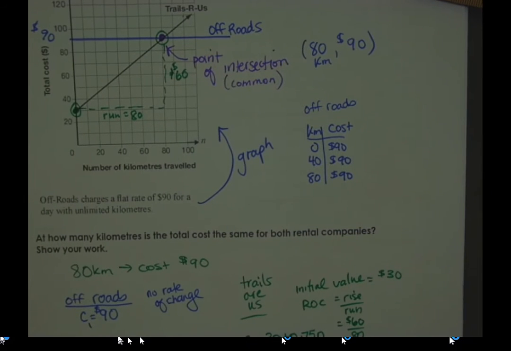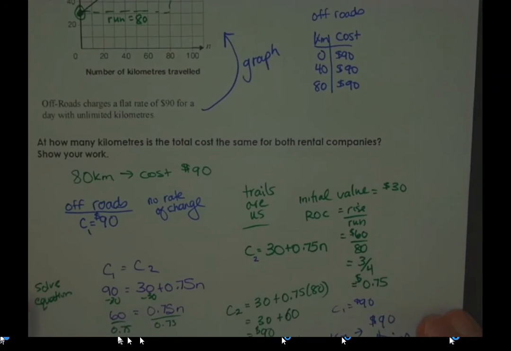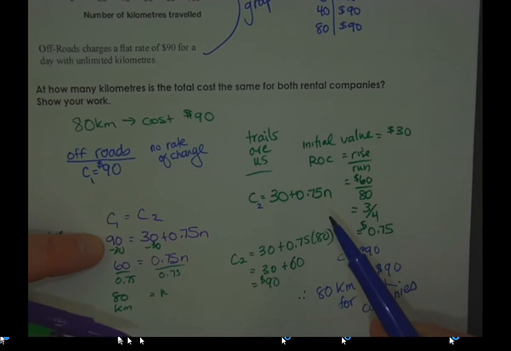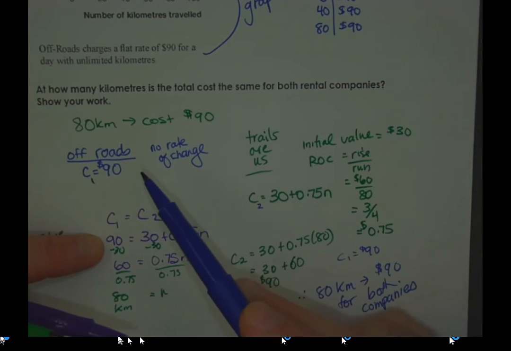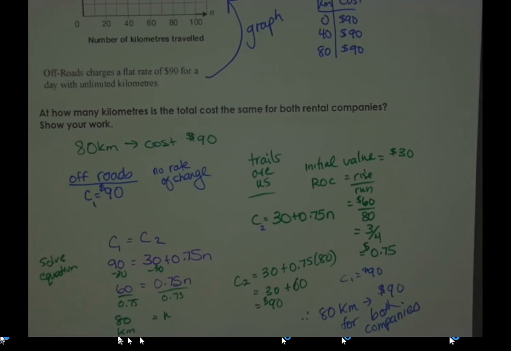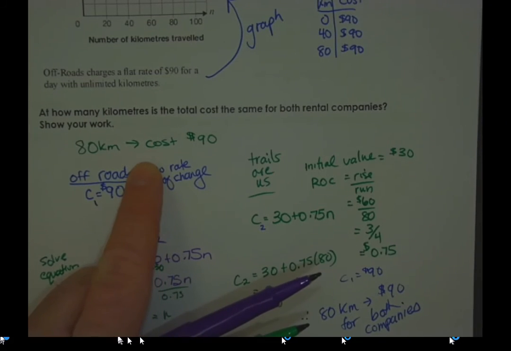And if you're a person that wants to see that plugging into Desmos, all right, plug these two equations into Desmos. C equals 90 and C equals 30 plus 0.75n. And then if you hover over that, all right, you would see that you would have a common point.